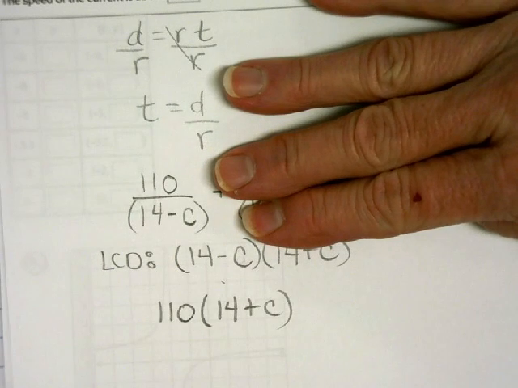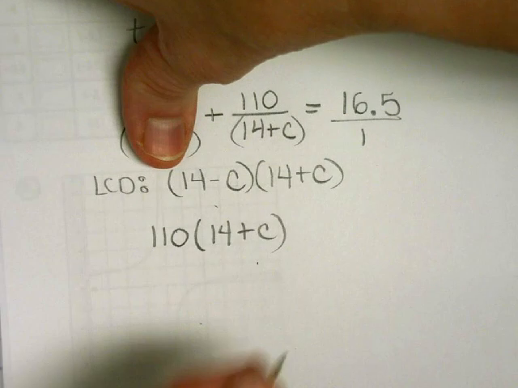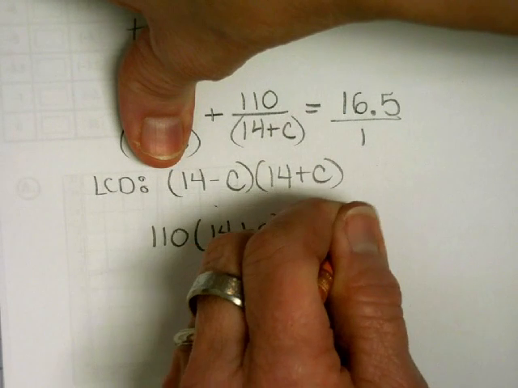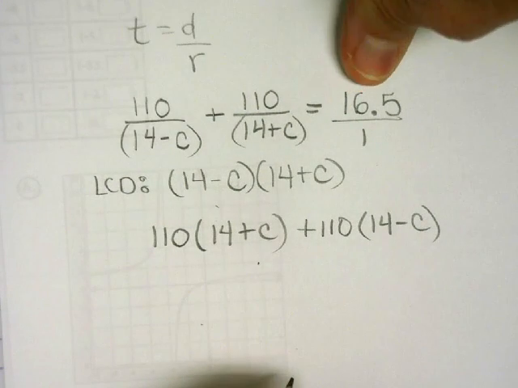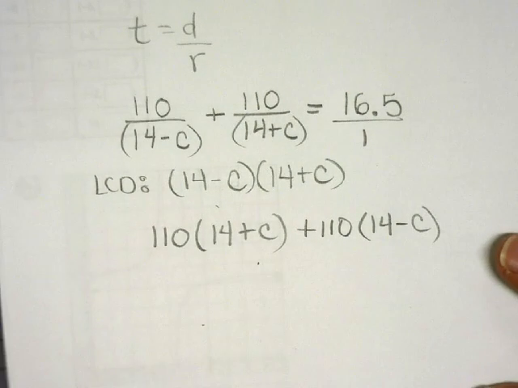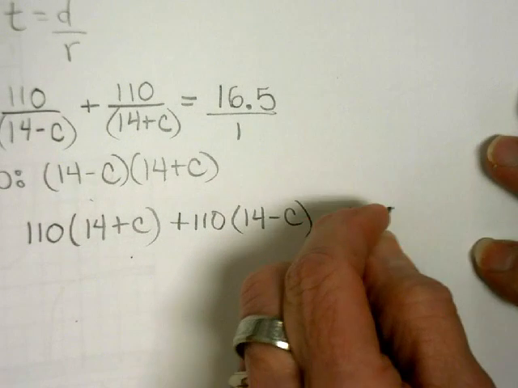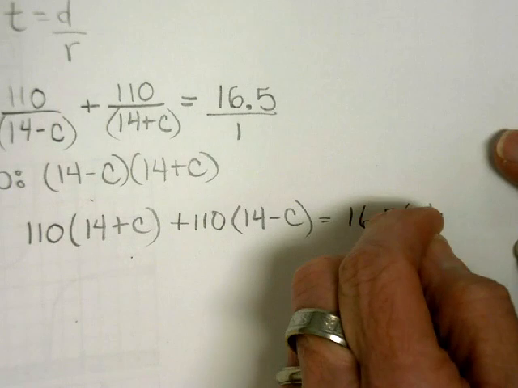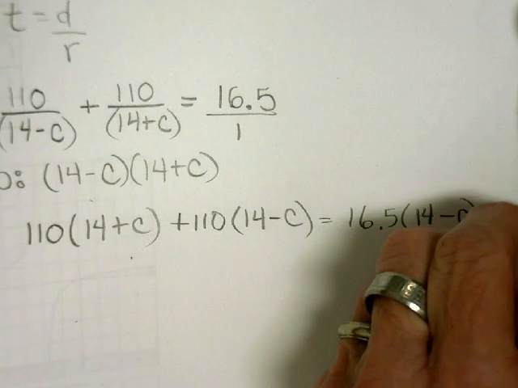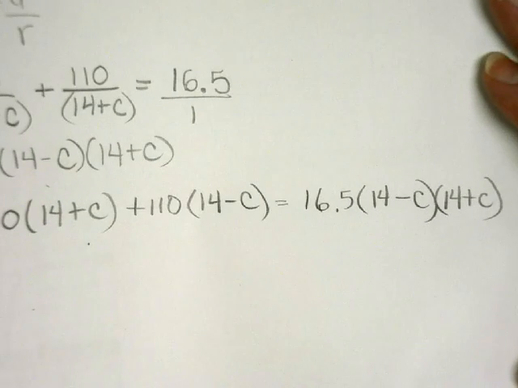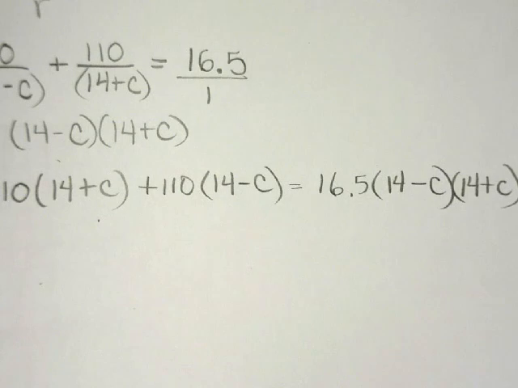If I multiply my first fraction, the 14 minus C cancels, so I have 110 times 14 plus C. My next fraction, the 14 plus C cancels, so I have 110 times 14 minus C. And then they both get multiplied over here because there's no denominator to be canceled. So it's 16.5 times 14 plus C times 14 minus C.